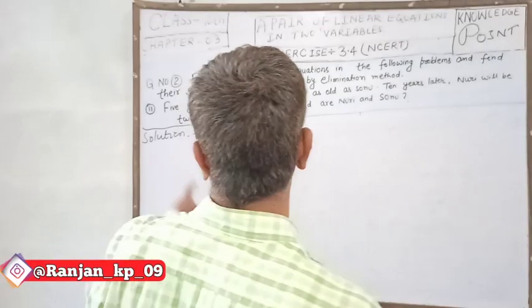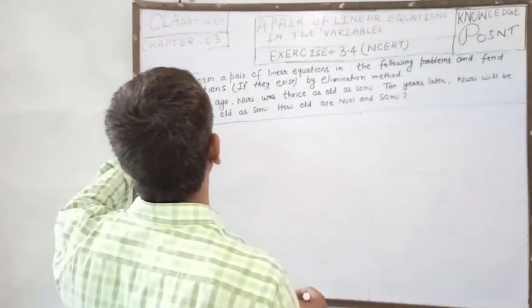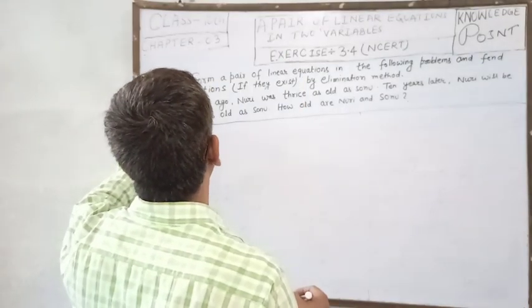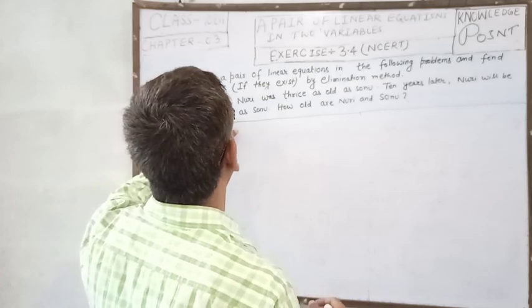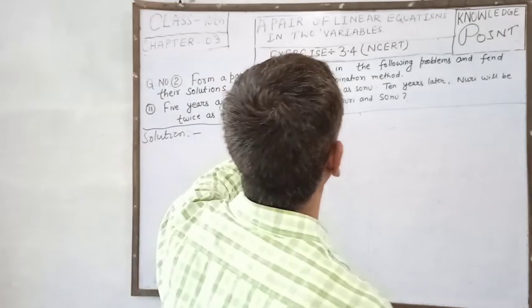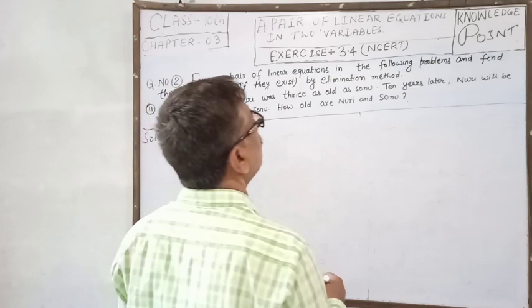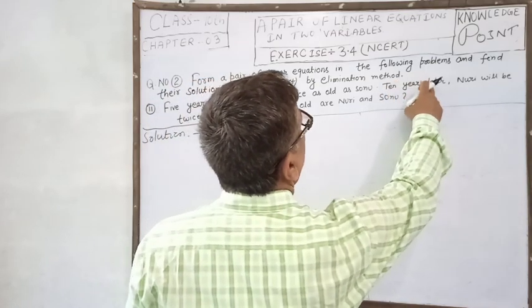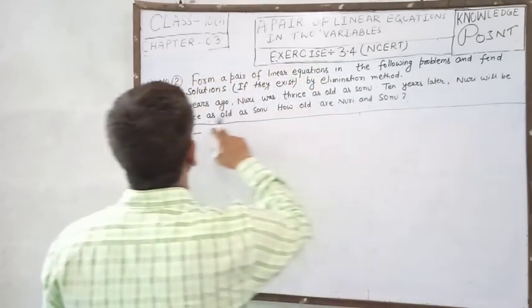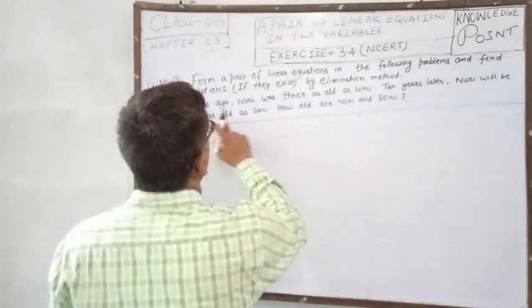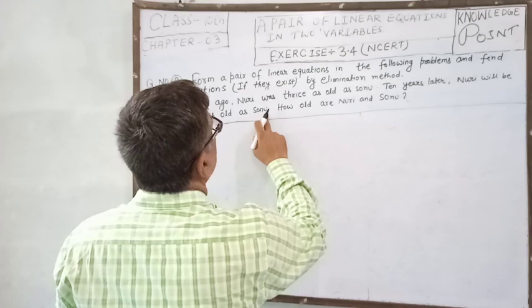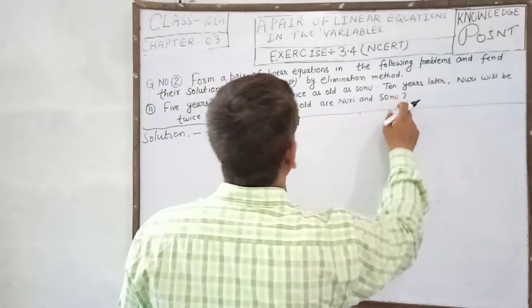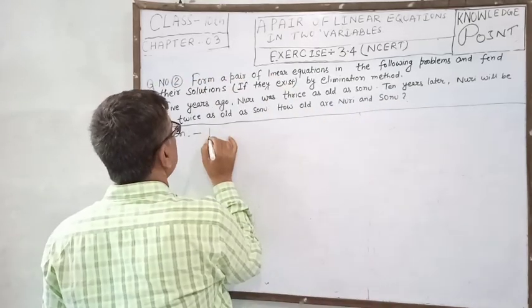Students, now question number 2, which says: 5 years ago, Noori was thrice as old as Sonu. 10 years later, Noori will be twice as old as Sonu. How old are Noori and Sonu?